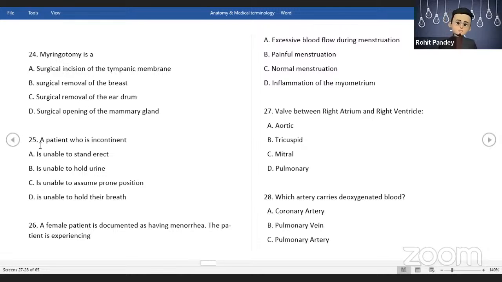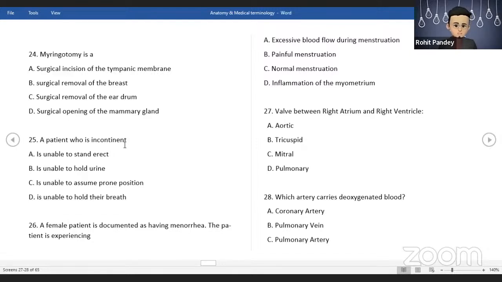Ostomy is opening. Okay, now we are on the last question. We will complete another part on Sunday. Last question: a patient who is incontinent is unable to stand erect, unable to hold urine, unable to assume prone position, or unable to hold their breath. So the answer is unable to hold urine.